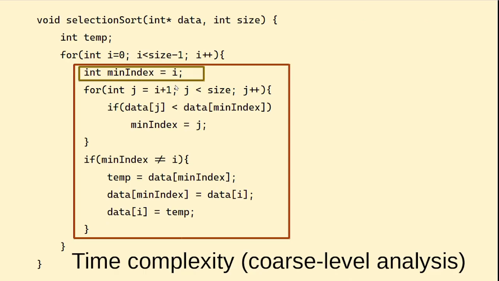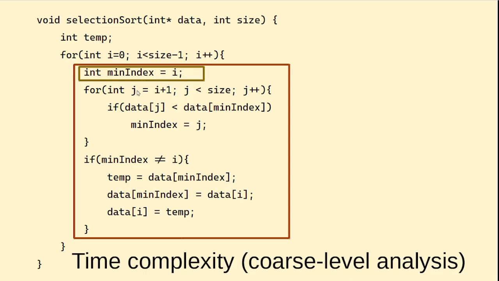So in each pass, the algorithm picks the value of i as the index of the minimum element of the array. That means it records the value of i as the index of the minimum value, which means that in the first pass it assumes that the first element is the minimum element. In the second pass it assumes that the second element is the minimum element.